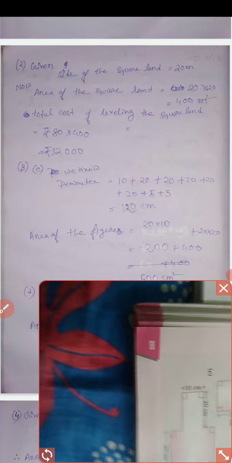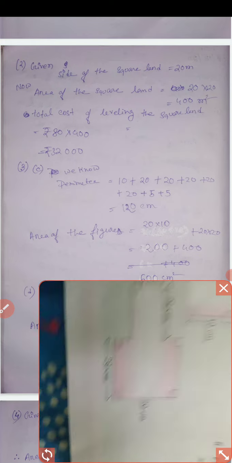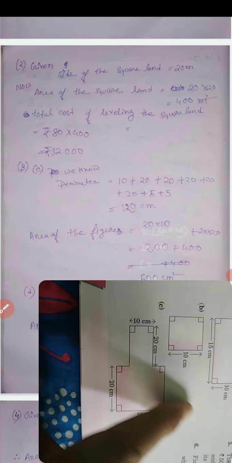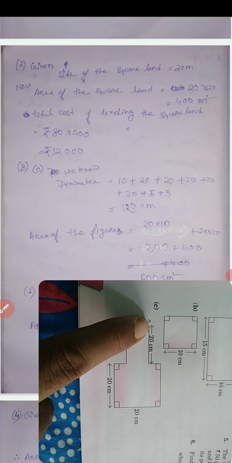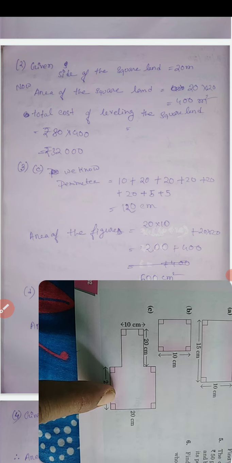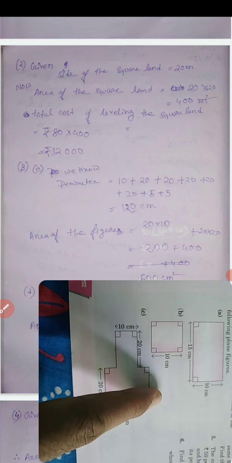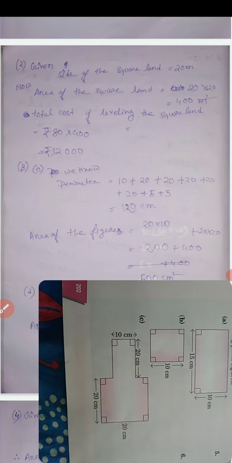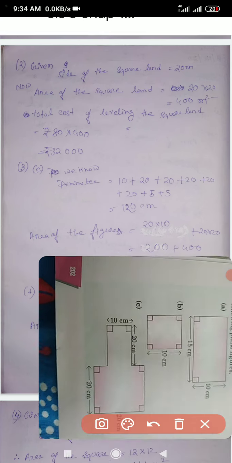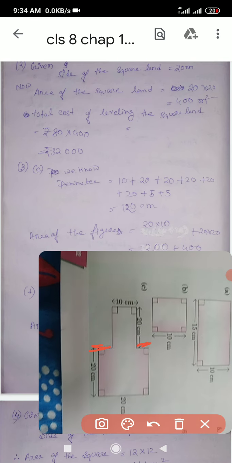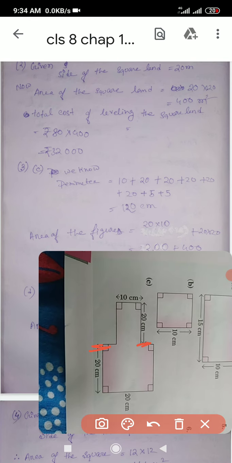So let us come here, see. The figure is a little bit complicated. Now to find the perimeter, all the sides are given. Up to this much it is 20, this is 10, it is also 20, 20, 20. So combining all the sides, we are getting 20. But the sides given here, this one and this one, we are leaving this one, na?